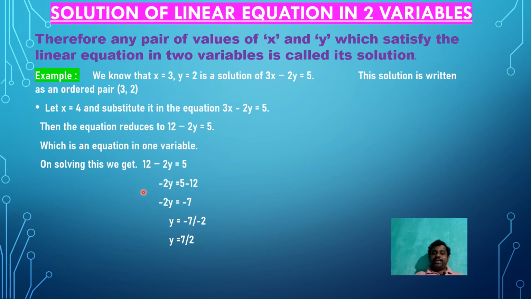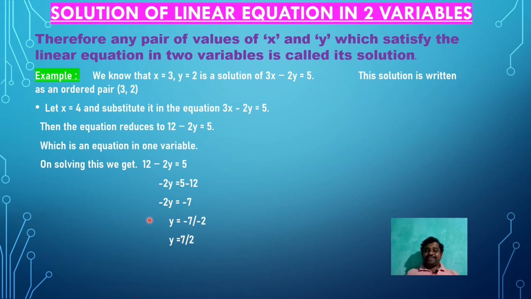It is minus 7. Minus 2 is multiplied here; if we transpose it, it divides. So dividing both sides by minus 2, y is equal to minus 7 by minus 2. Minus by minus is plus, so the value of y is equal to 7 by 2.